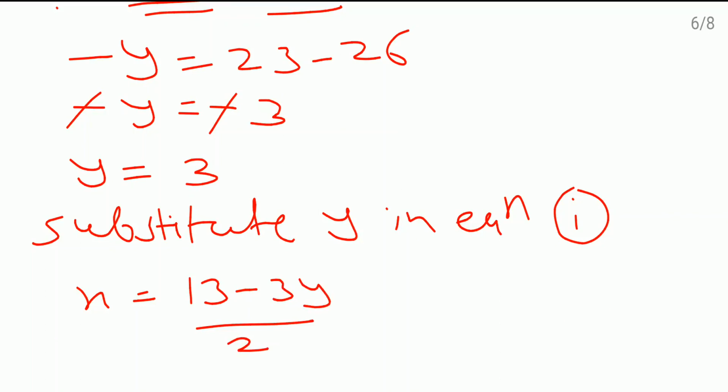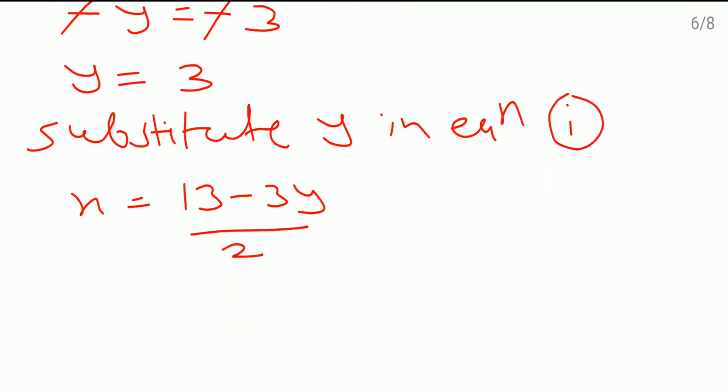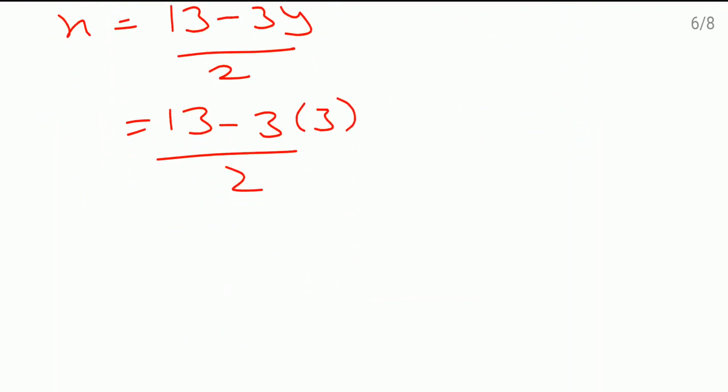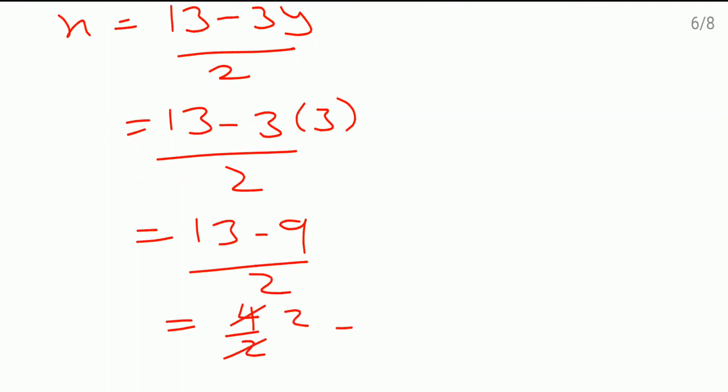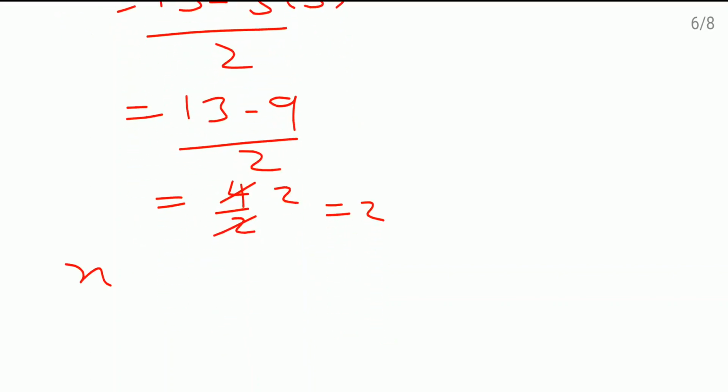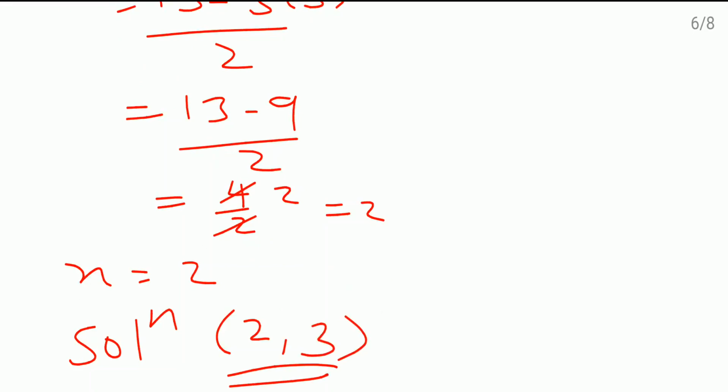Here I will substitute the value of y. So 13 minus 3 into 3 by 2, which comes as 13 minus 9 by 2, 4 by 2, 2 twos are 4. So x is equal to 2. I got x equal to 2 and finally the solution is 2, 3. In this way we get the solution by the substitution method.